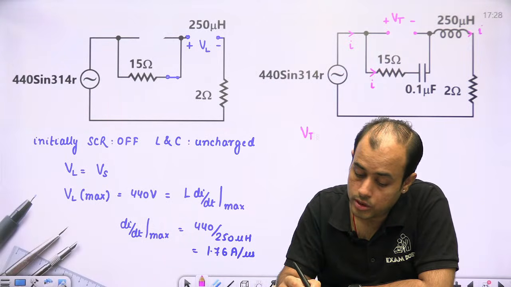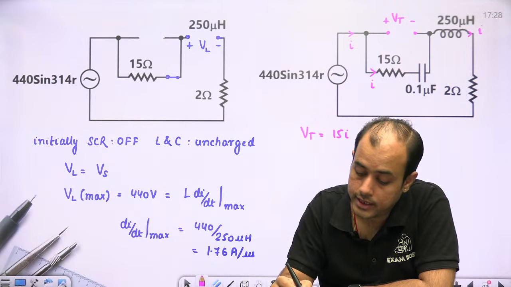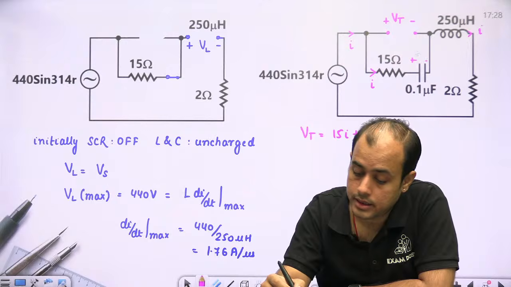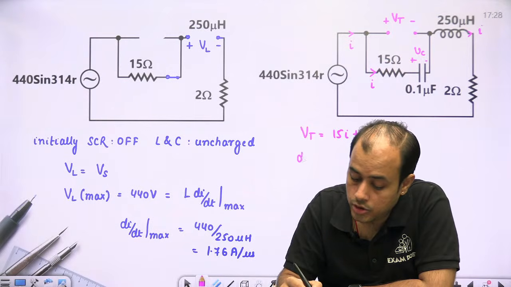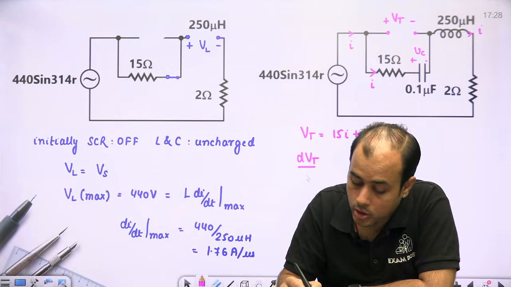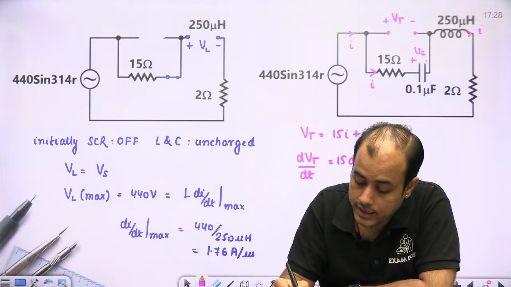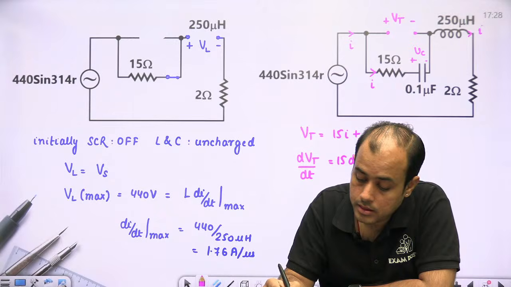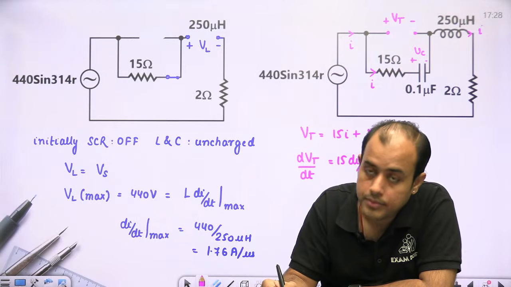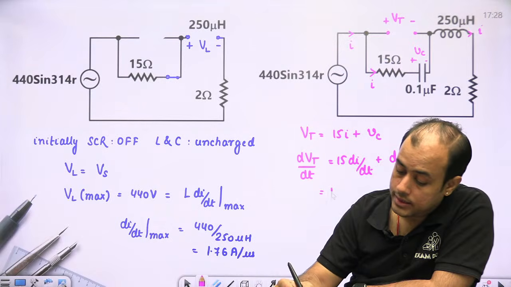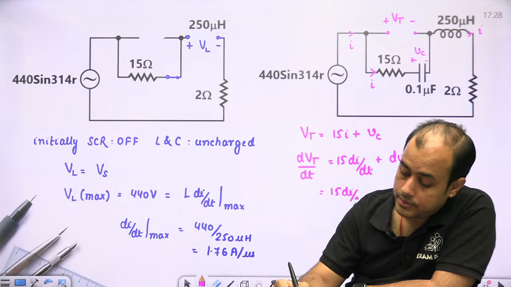So, thyristor voltage is 15I plus Vc. Correct? Now, you need the maximum rate of change of thyristor voltage. 15 di by dt plus dvc by dt. Now, what is dvc by dt? It is current upon C.